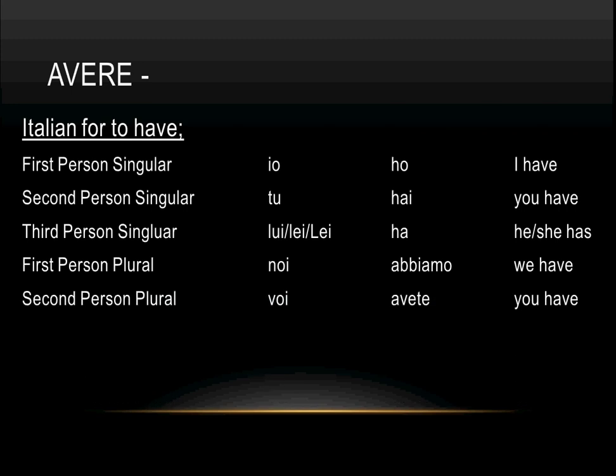Voi avete, you have. Loro hanno, they have. Once again, ho, hai, ha, abbiamo, avete, hanno are all forms of the verb avere. They've just been modified to work with io, tu, lui, lei, noi, voi, loro.